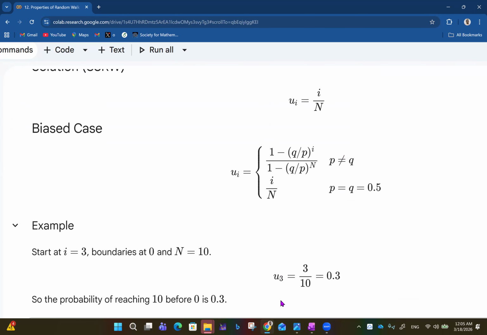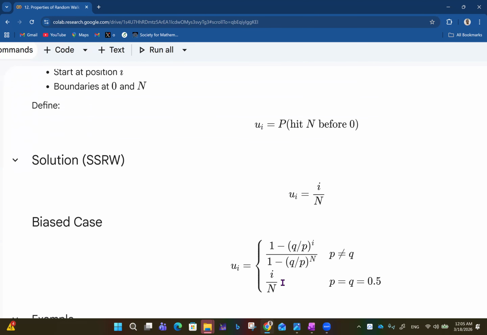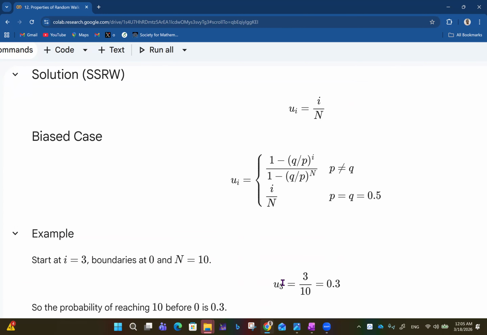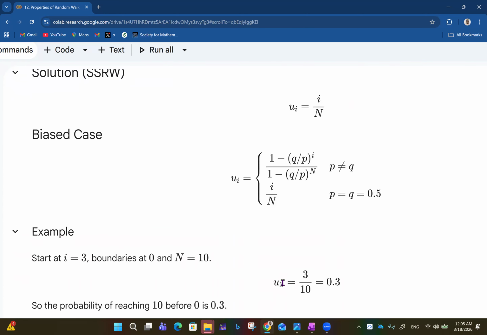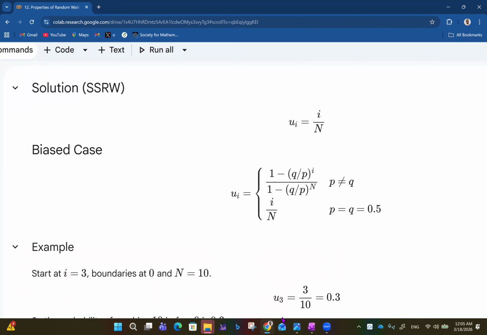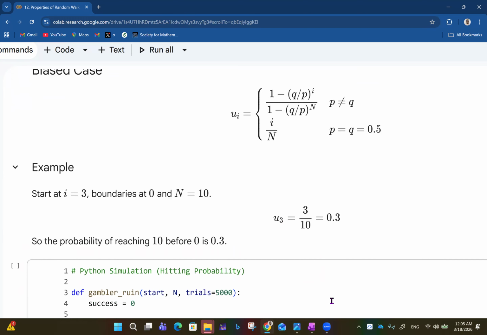So we have an example. If you start at i equals 3 and you have boundaries at 0 and n equals 10, then u_3, the probability that you hit the end before you go back to 0, is 3 over 10. That is 0.3.